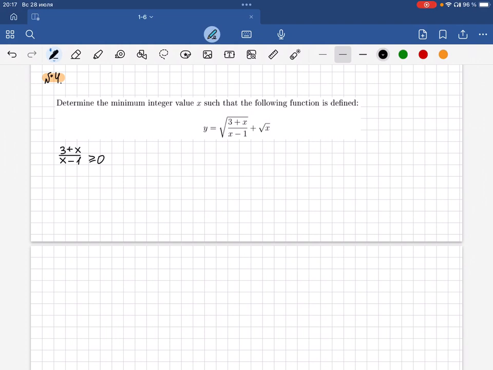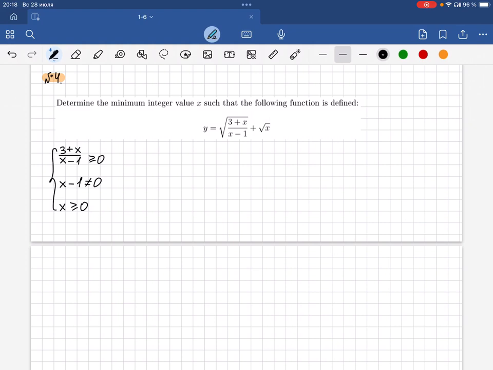And since we have a fraction here, we also need the denominator to be non-zero. So x minus 1 is not equal to 0. And we also have the second square root, the square root of x, which means that x also has to be non-negative. This is our system.